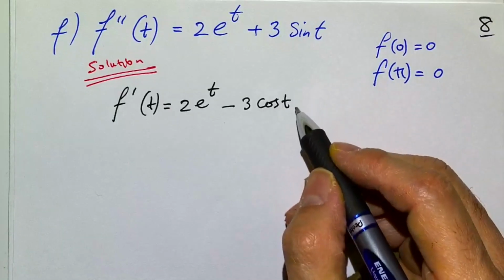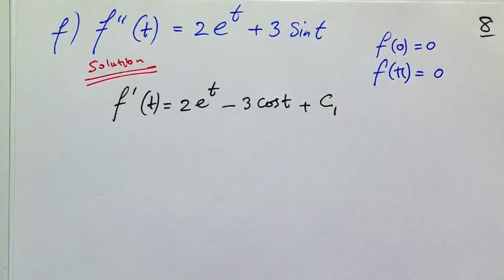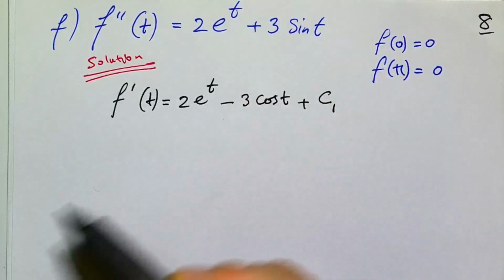And of course, let me add the constant. Let's call it c1, because there will be more as we find the next antiderivative, which is the original function.